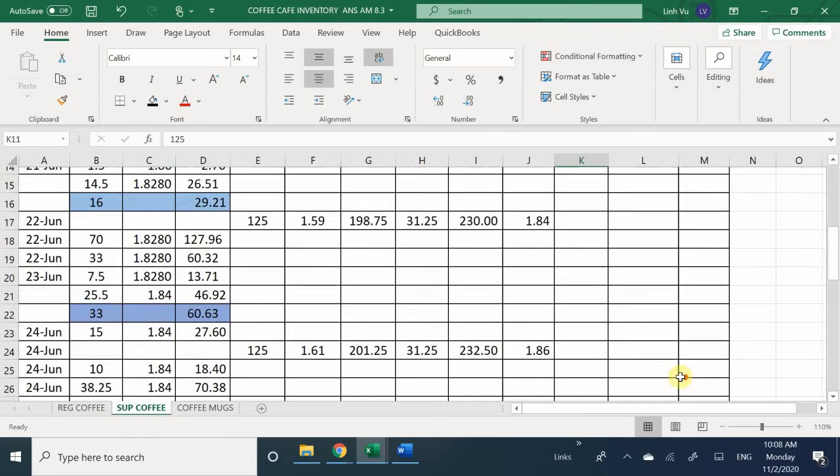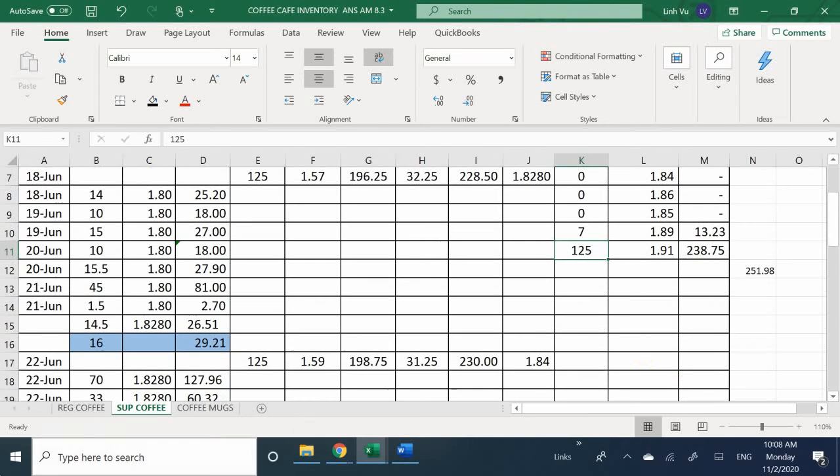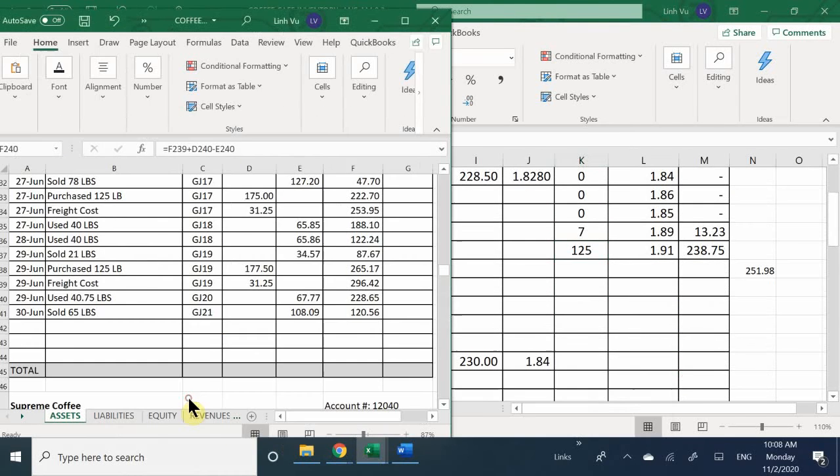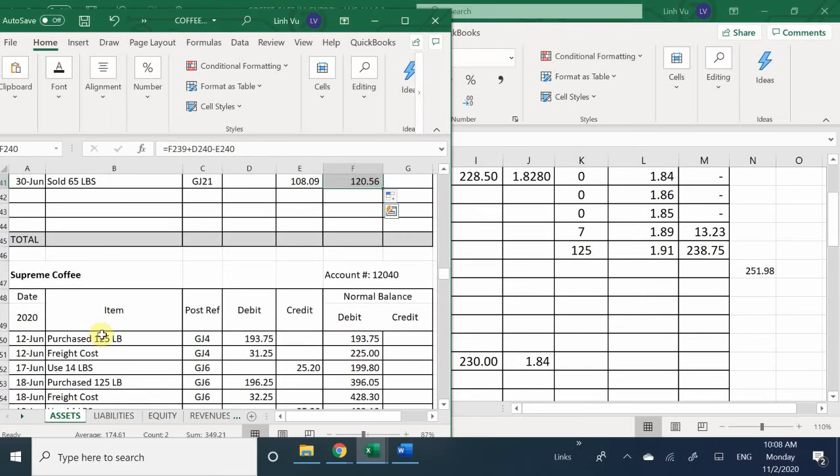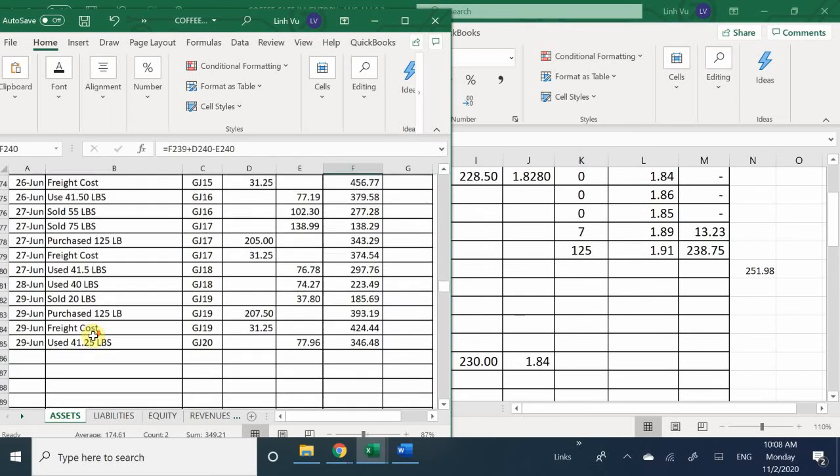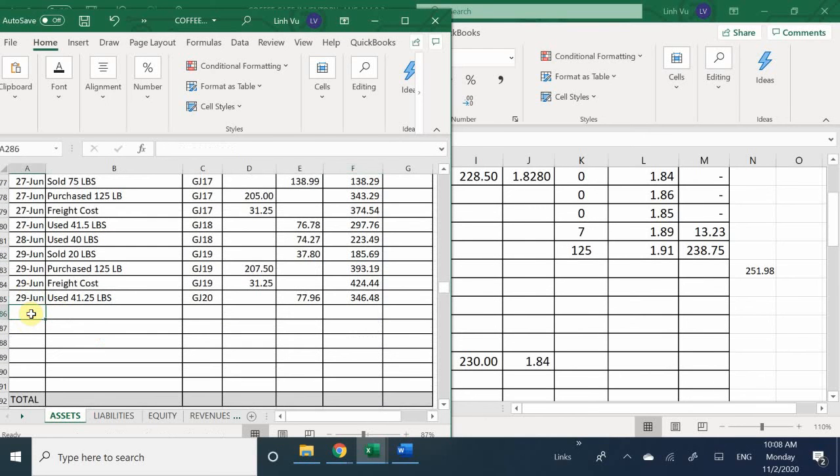Okay, and then the next entry would be Supreme Coffee. The date is 6/30. We used 50 pounds. Sold. And then General Journal 21. And we're gonna credit it for 94.50.